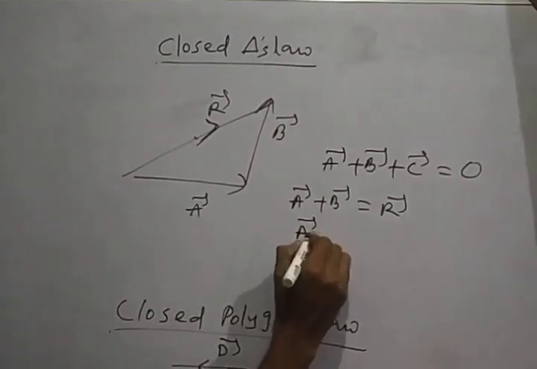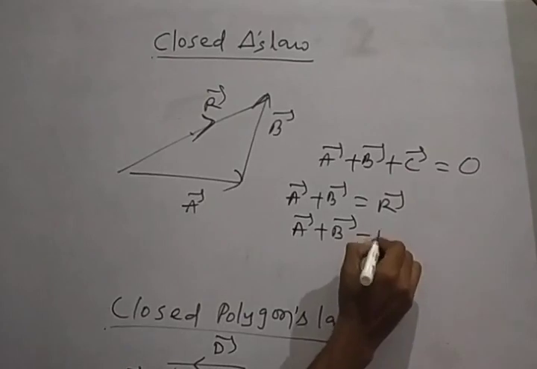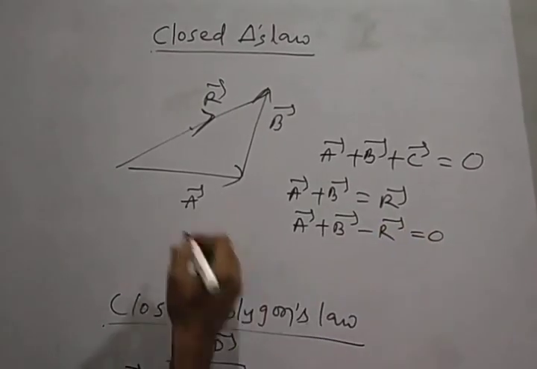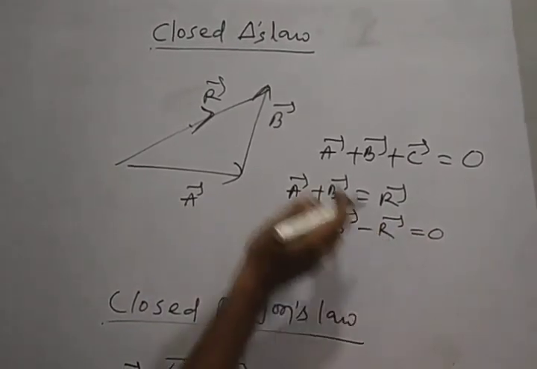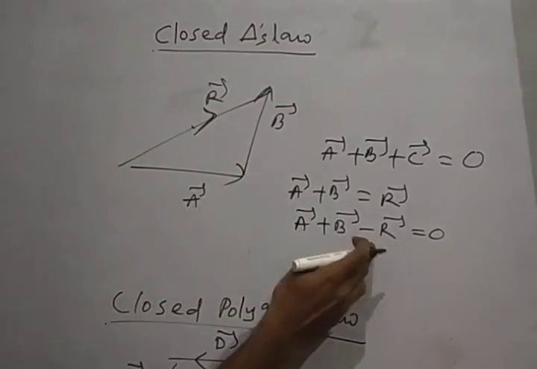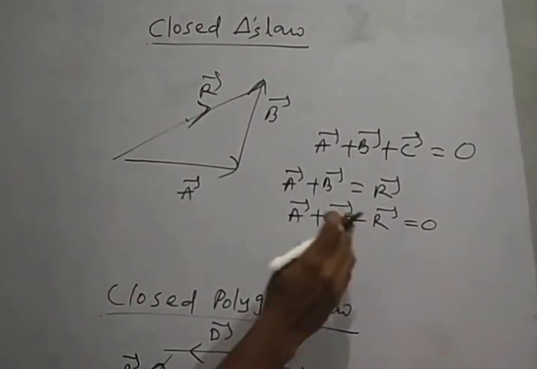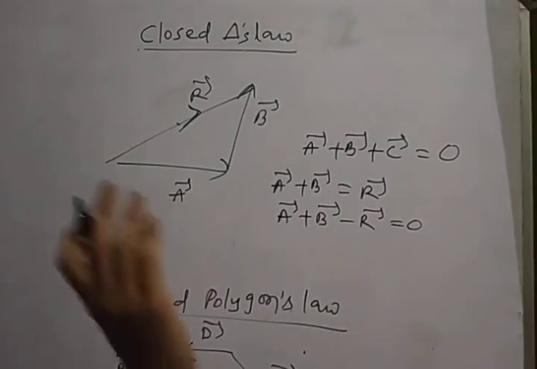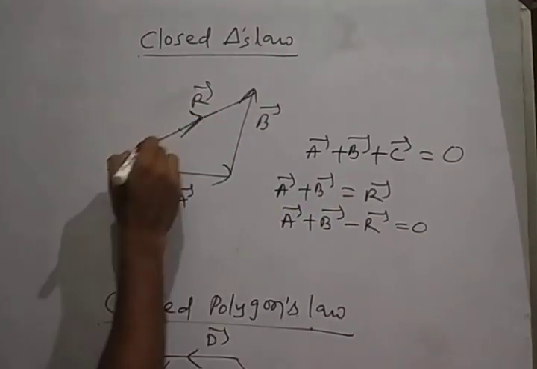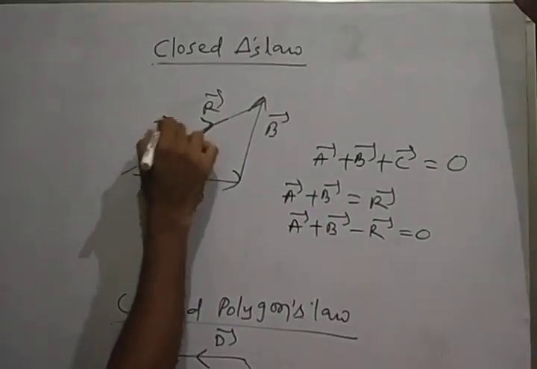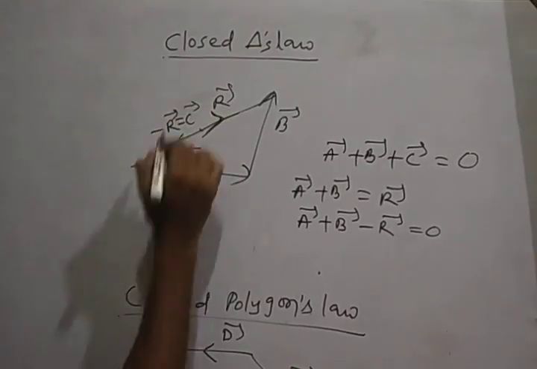So now I am writing A plus B minus R equal to 0. What do you mean by minus R? I have to reverse this direction because minus R vector is negative of R vector. What do you mean by negative vectors? Their magnitude is the same, direction opposite. So this is my minus R vector. Let us take this minus R vector as C vector.